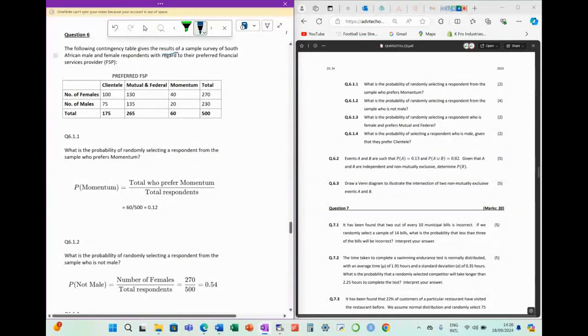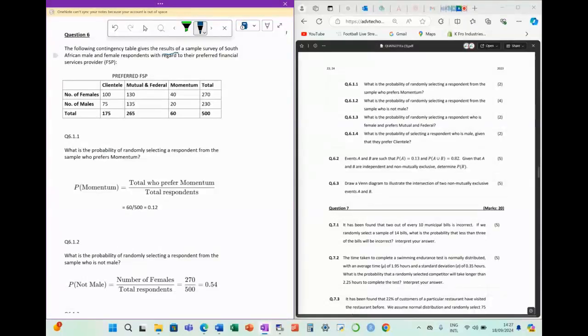The following contingency table gives the results of a sample survey of South African male and female respondents with regards to their preferred financial provider. So they just changed. Last time we were talking about grocery stores. The other time we were talking about takeouts, your fast food chains, and so on.